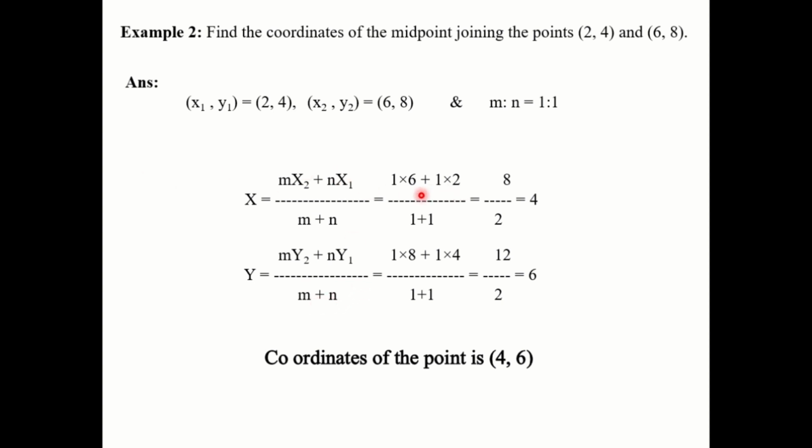Here you can see x2 is 6 and x1 is 2, which gives 4. So 4 is the x coordinate and y is 6. So the midpoint of the line joining the two points 2, 4 and 6, 8 will be at the point 4, 6, where 4 is the x coordinate and 6 is the y coordinate. This is an example of the midpoint.